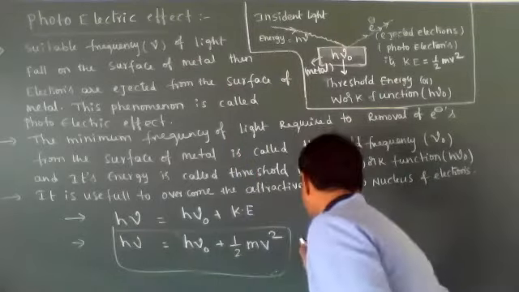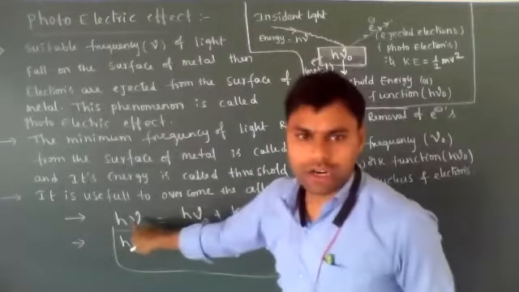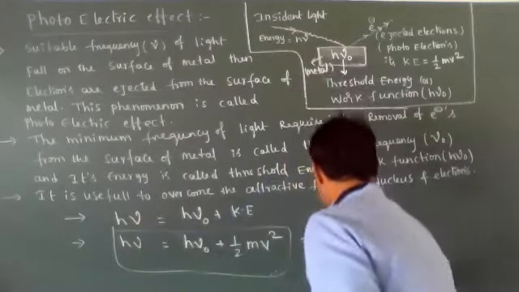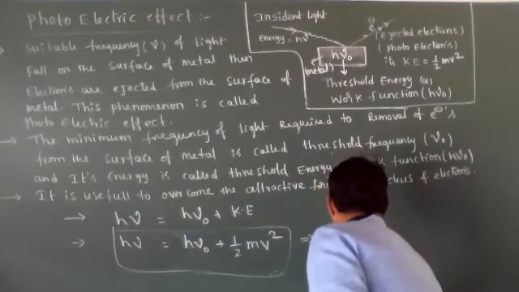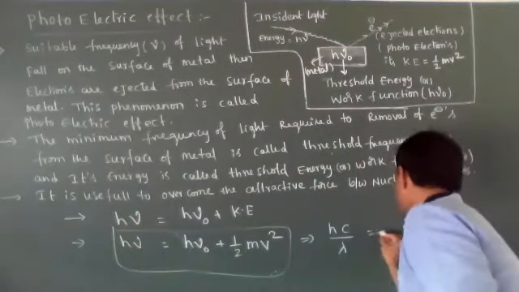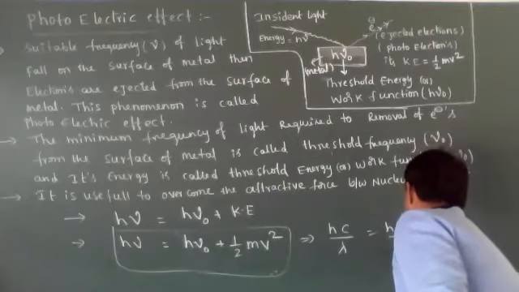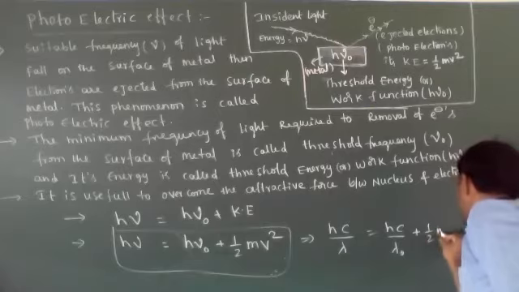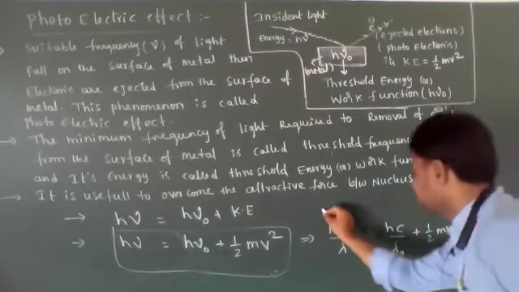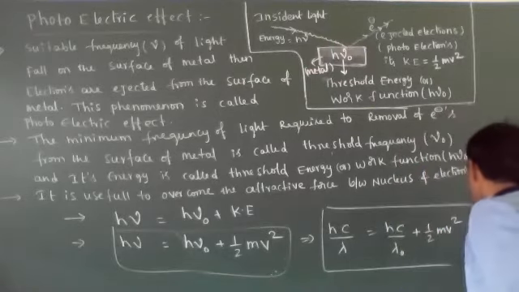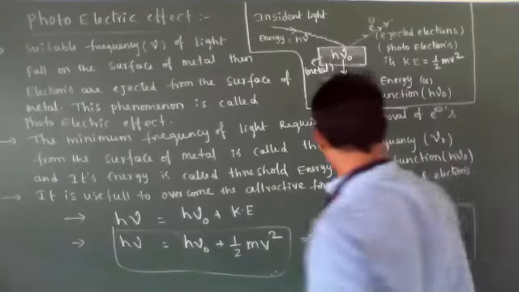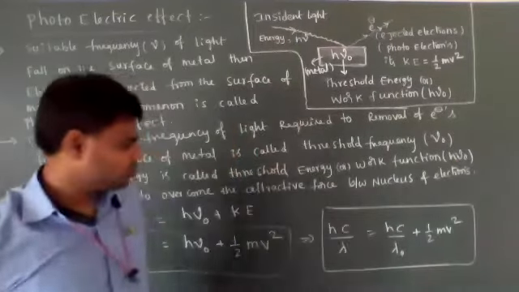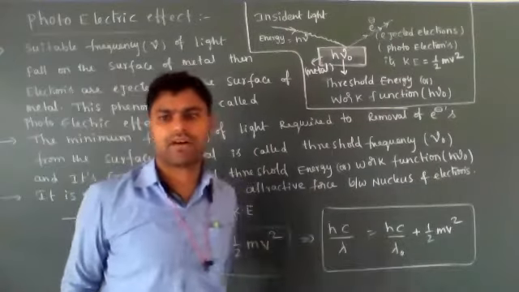So this formula we can also write, nu is equal to what? c by lambda. So hc by lambda is equal to hc by lambda naught plus half mv square.